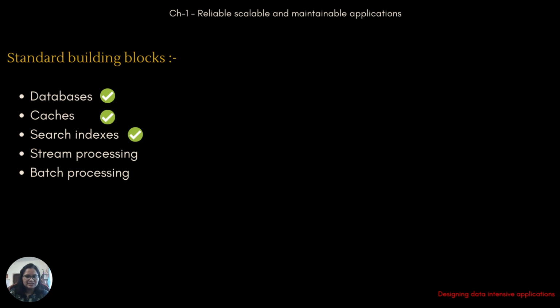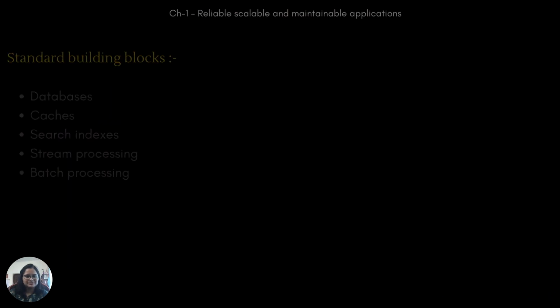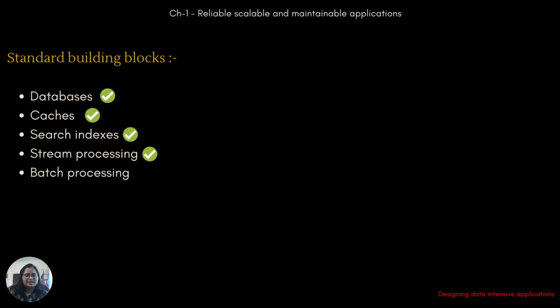We can send a message to another process to be handled asynchronously and return the result of the operation. Stream processing is used to achieve this. And lastly, we also need to periodically crunch large amounts of data into smaller parts, and batch processing works effectively here.